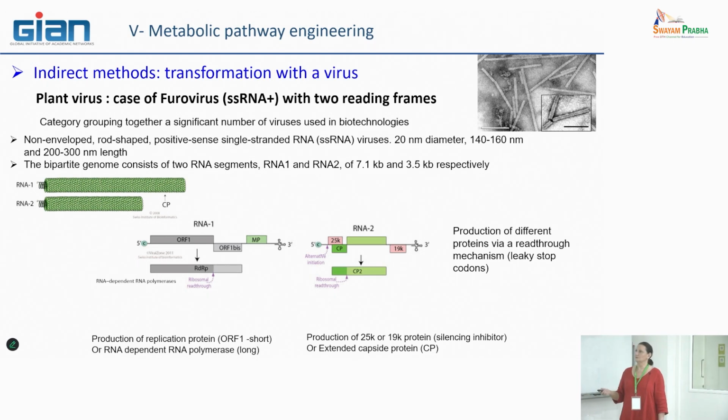And what is interesting, in fact, you have two molecules that have two specific reading frames. One is called RNA1, and the second one is RNA2, okay? Both of them have a specific role for the virus infection process, but they can also be interesting for us, for use in particular in biotechnology.